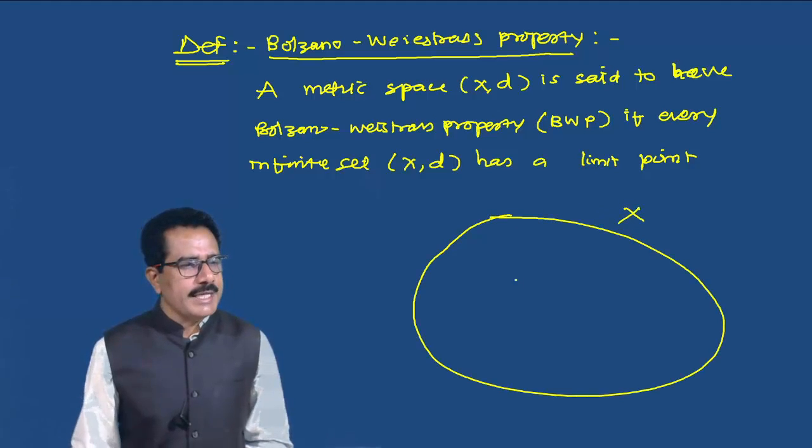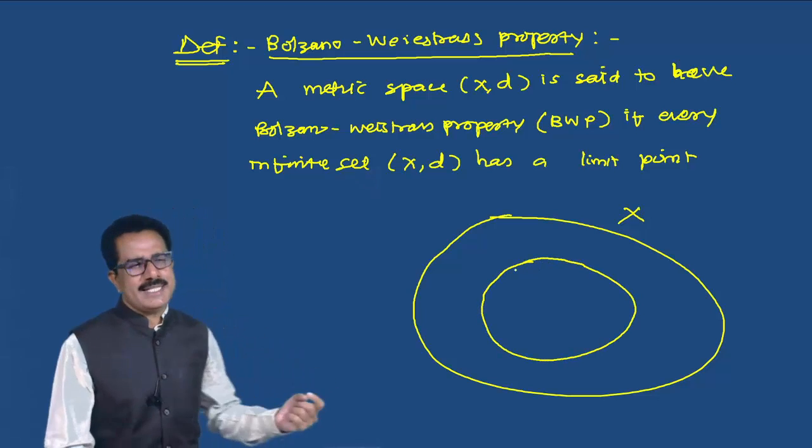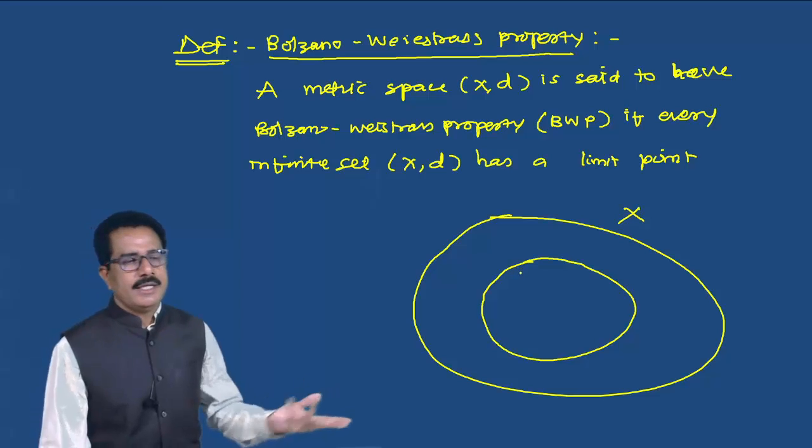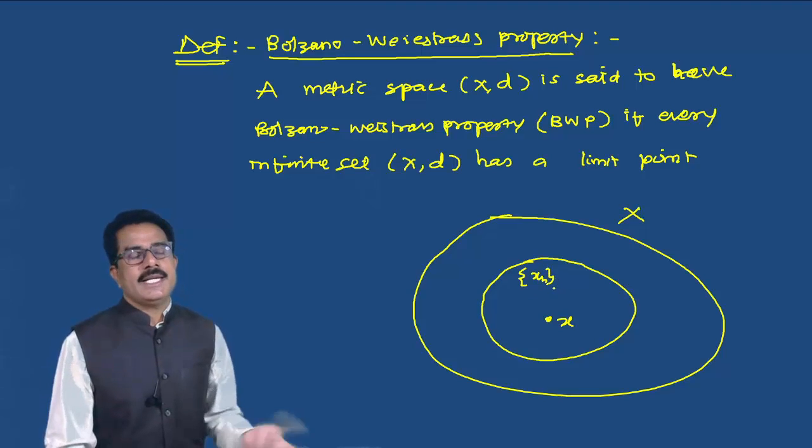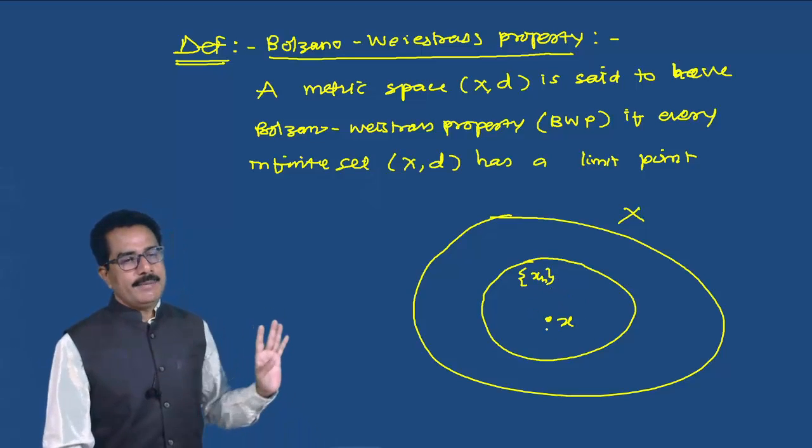Suppose this is a metric space (X, d), then every infinite set or every sequence has a limit point. Okay, suppose this is a sequence S_n or the set has a limit point.